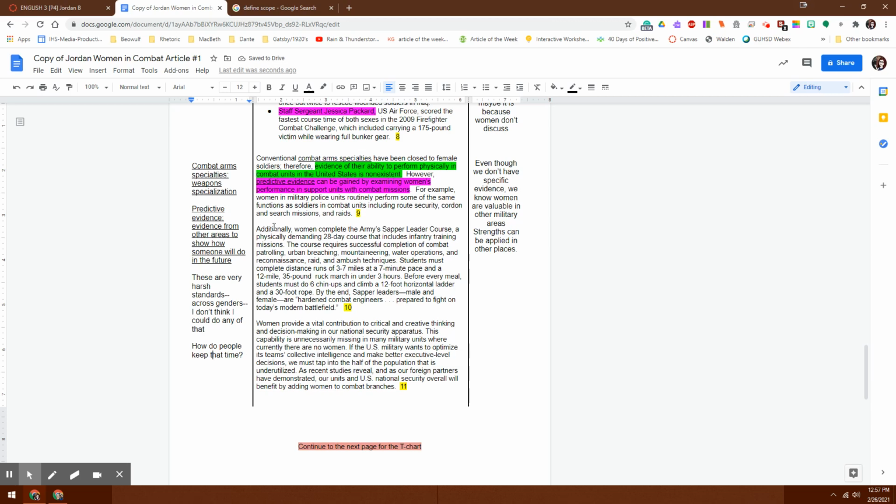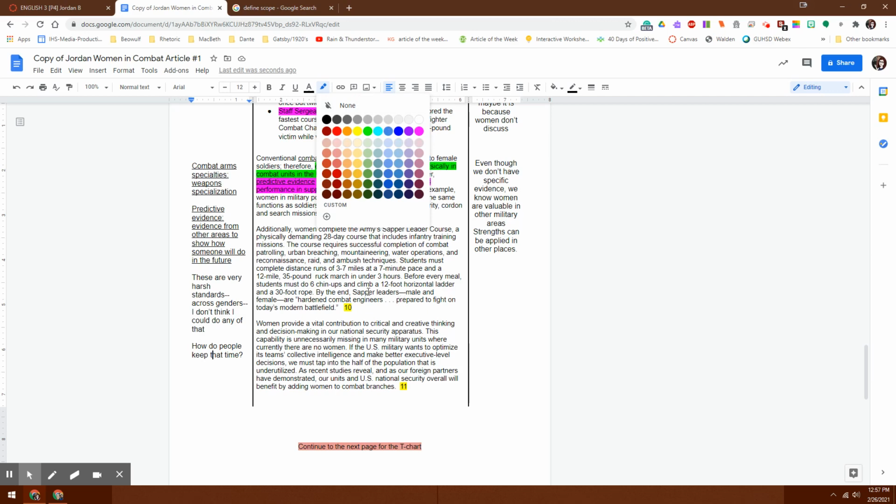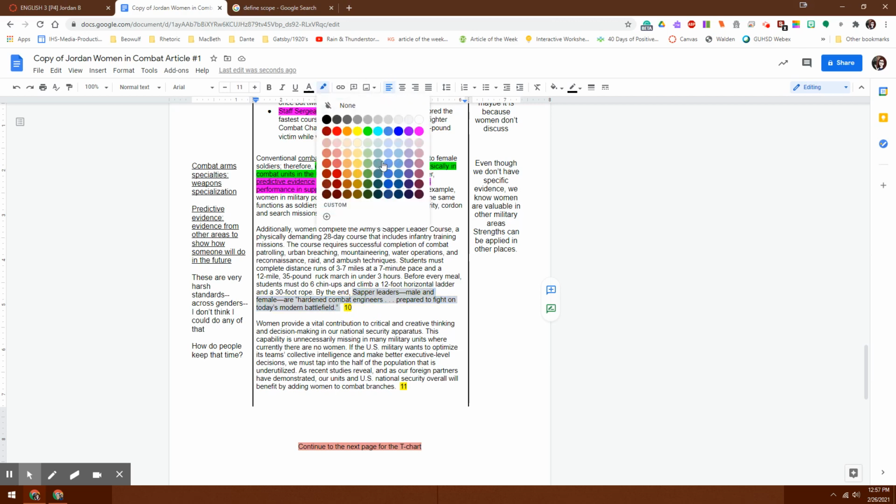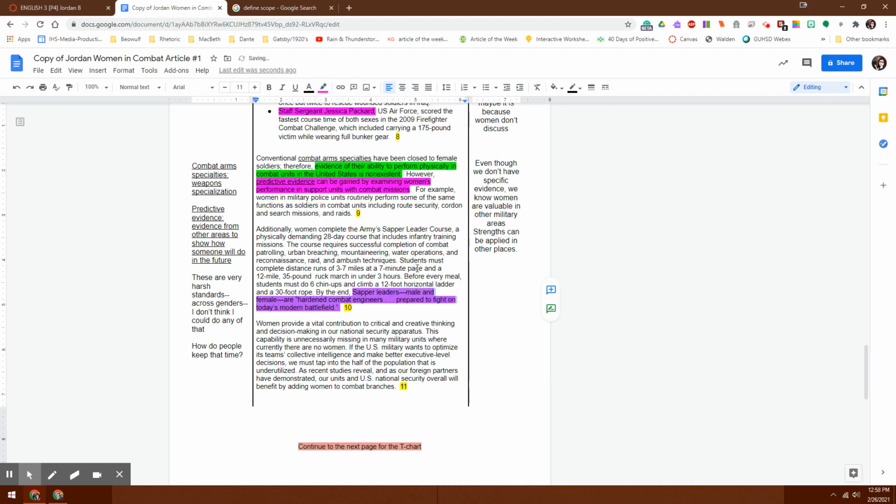Okay, so this has a lot of interesting information, but nothing is super pro or con. It's just information until we get to the end here where it says sapper leaders turn into these people who can lead in the battlefield. Okay, there was one piece that I wanted to go over. Urban breaching is where they go into the city.